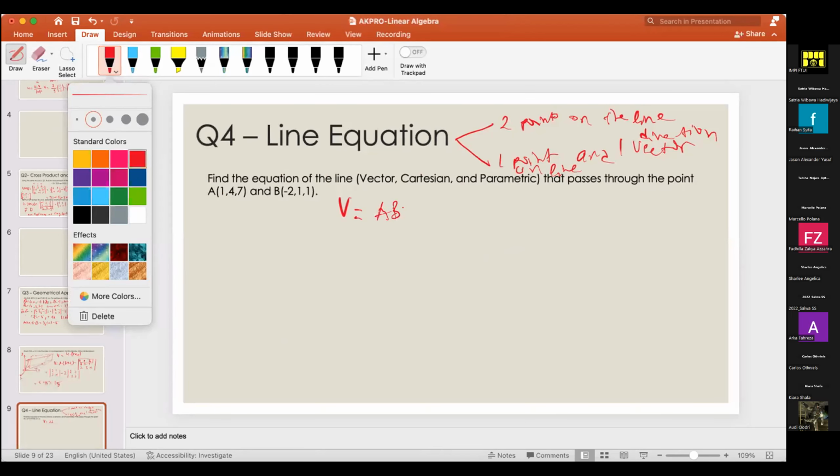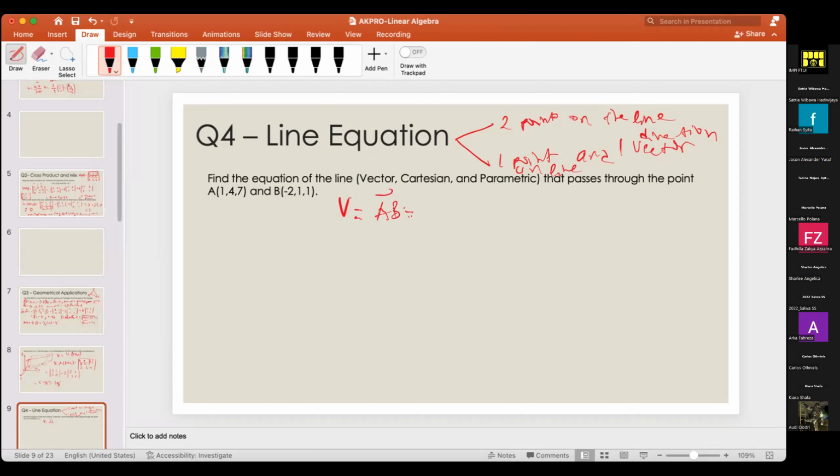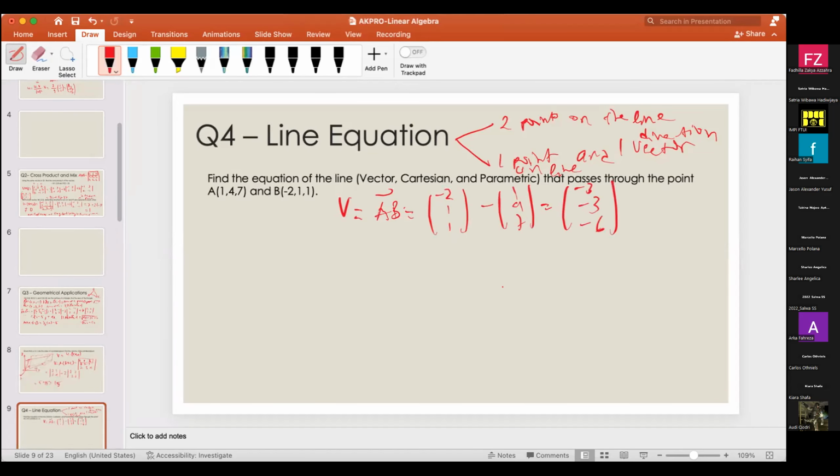AB is B, which is -2, 1, 1, minus A, which is 1, 4, 7. So this is -2 minus 1, which is -3. 1 minus 4 is -3. 1 minus 7 is -6. So this is our direction vector.